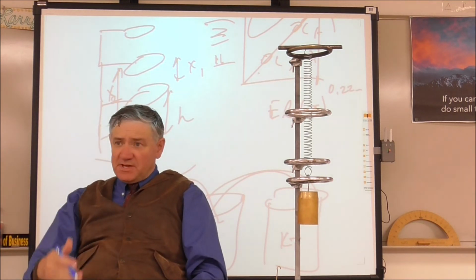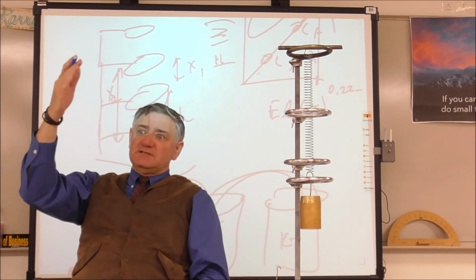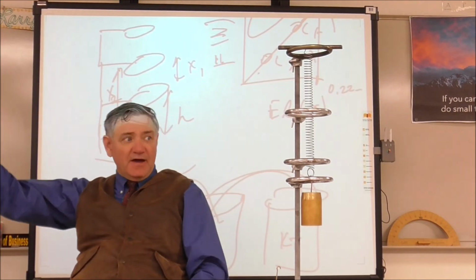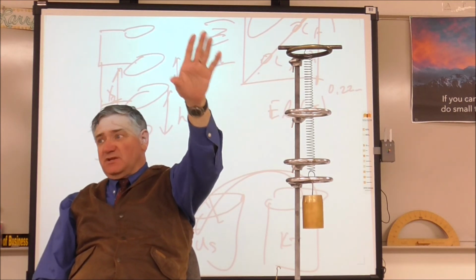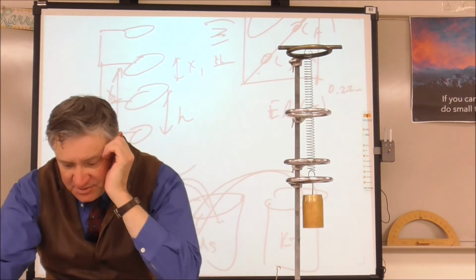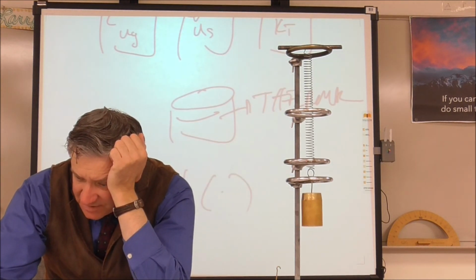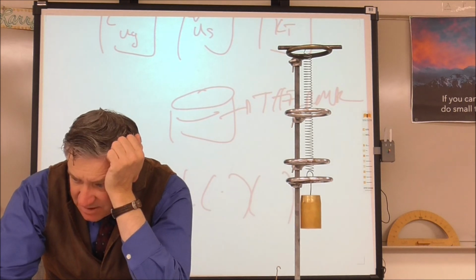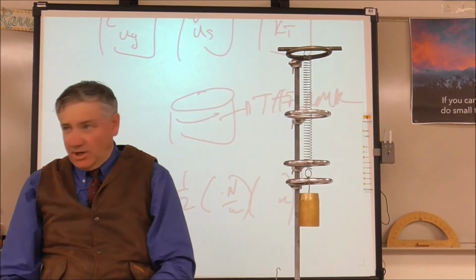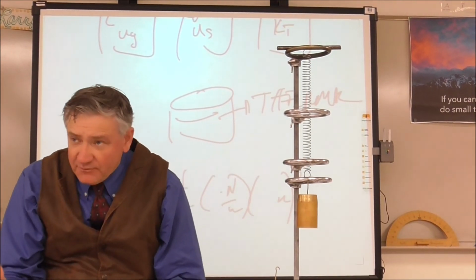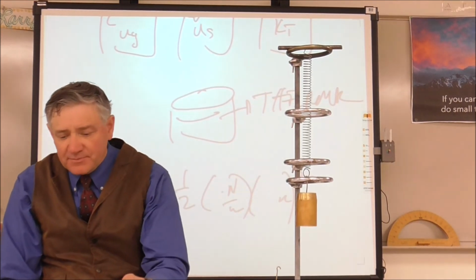And when I say show me the calculations, I'm not saying just write down the answer. I want to see how you calculated that value, okay? You're going to put the answer up above. You don't need to write down the answer again. For that trial 1 where it says U1, I want to see 1/2 times the spring constant times x1, okay? That's what I want to see. I don't want you to write down the formula. I know what that is. I want to see the calculations.